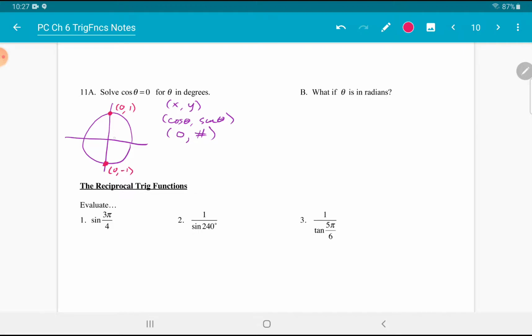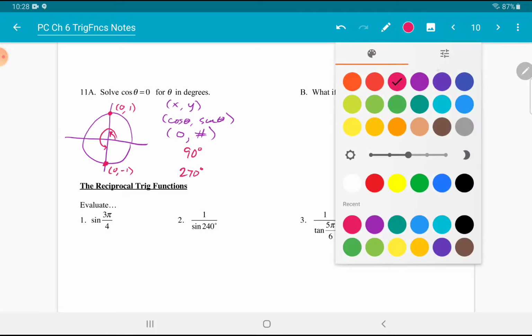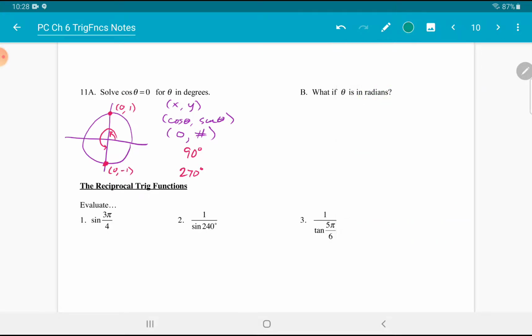In order to get to that point, remember, if you start at the starting position, you have to go 90 degrees. So really, we're seeing that we have a 90-degree angle, and then we also have going all the way around here, that would be a 270-degree angle. Now, there's also nothing to stop you from saying, just because I reach the 90-degree angle doesn't mean I can't keep going in a circle, because a circle is never ending. If I go all the way around, I'll be back in the same position at (0, 1).